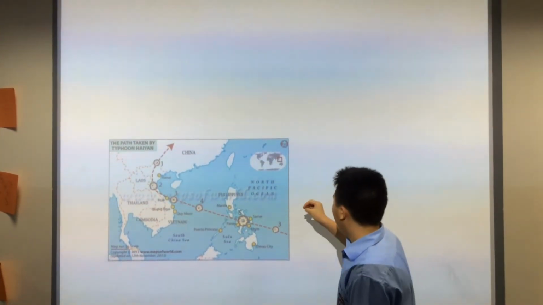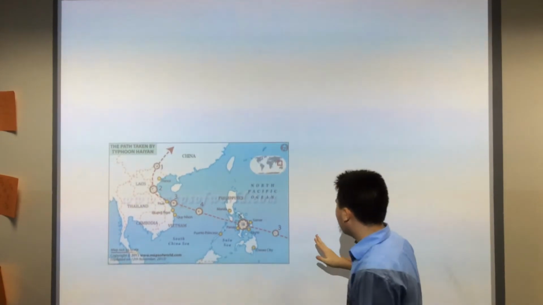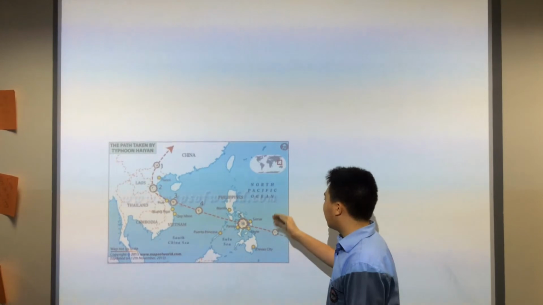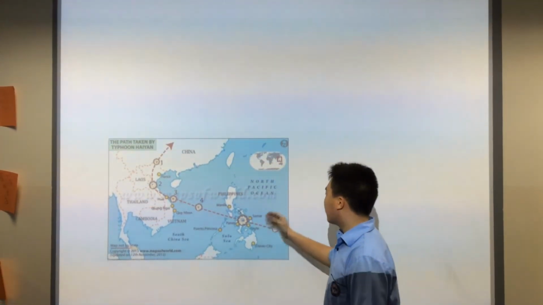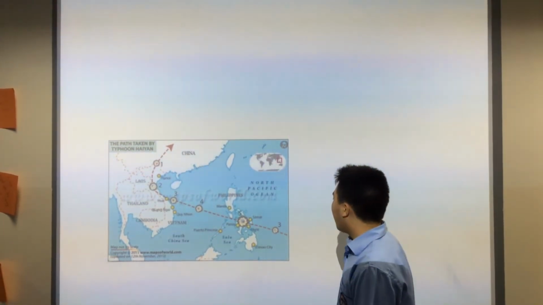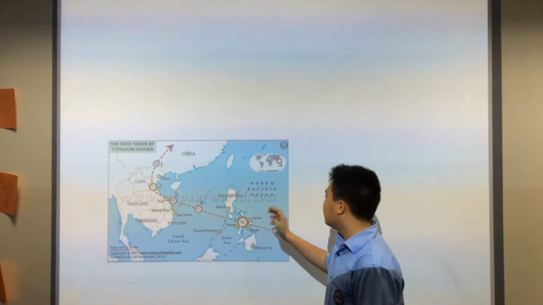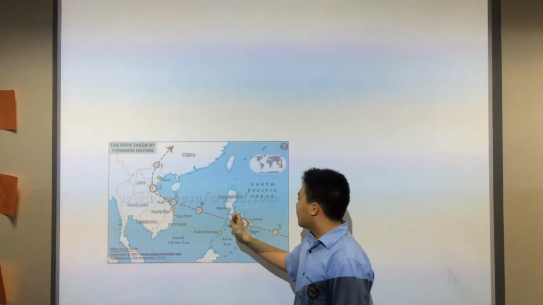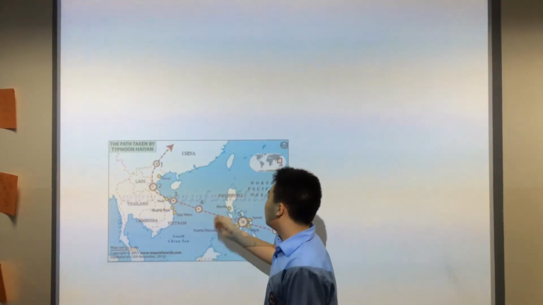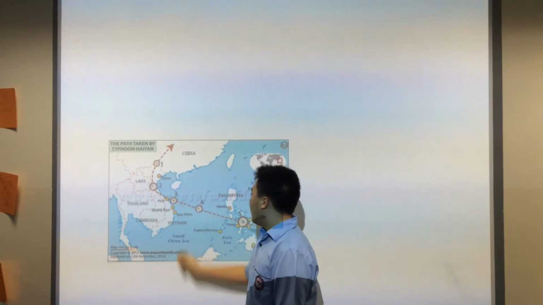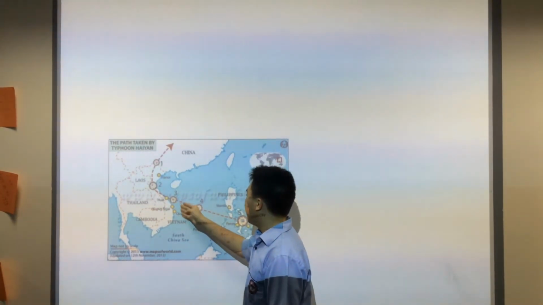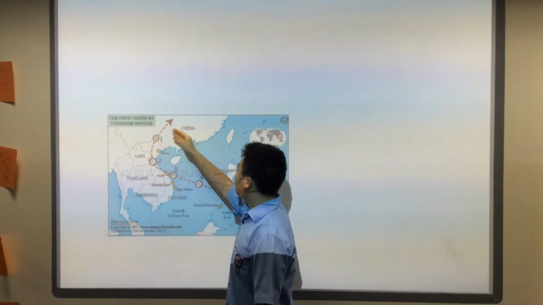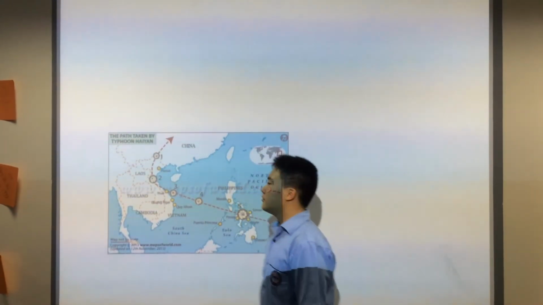As you can see, it starts to develop, and when it hits the Philippines, it's at max strength, so it becomes category 5. But after hitting the Philippines, it becomes weaker as it passes over land, and it continues to move on and also hits Vietnam, and it gets weaker continuously until it gets to China and disappears.